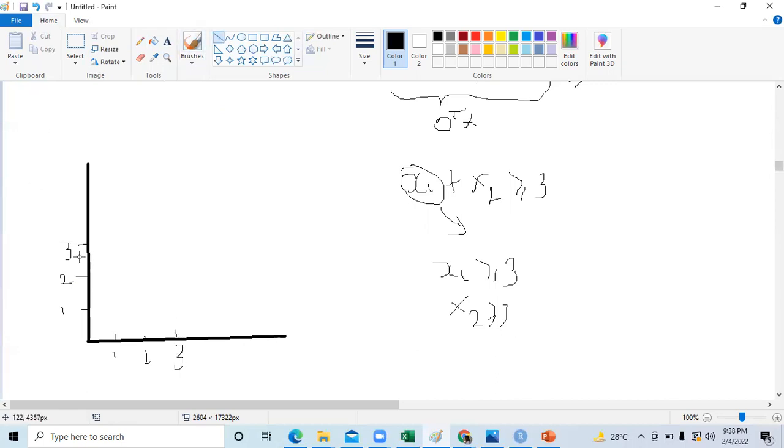So our decision boundary looks like this. Any data that falls at the bottom of the decision boundary or at the top of the decision boundary, right? So this is our hyperplane.